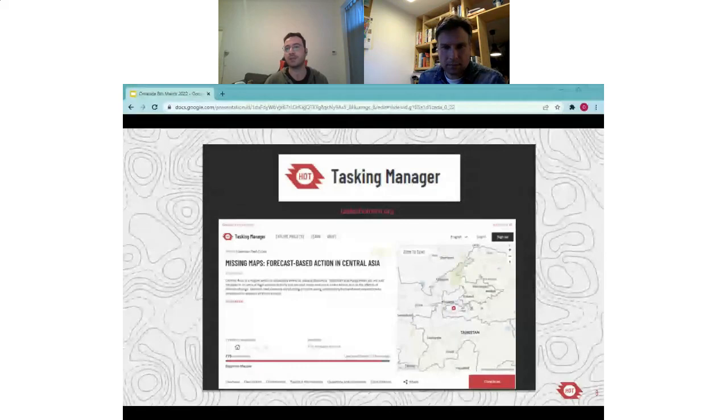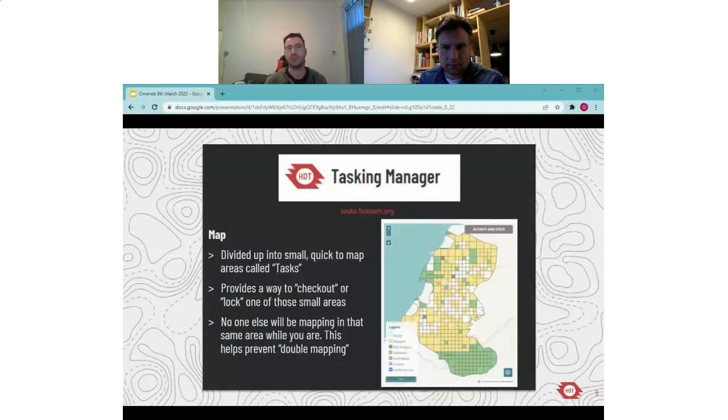In those areas, we divide the project into multiple smaller tasks, and then a community member selects a task, maps there, and pushes the data to the next level, which is the validation part, where a more experienced mapper checks what the previous mapper has done. If it's not good mapping, if it's not accurate, we send it back to the community volunteer saying we need more effort on that one.